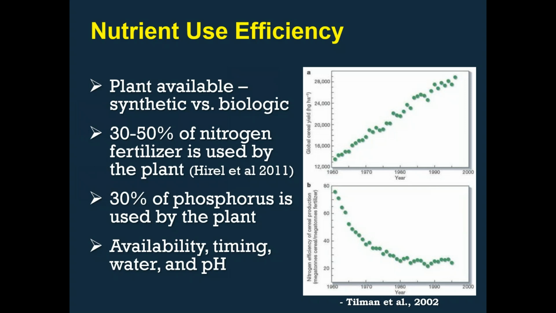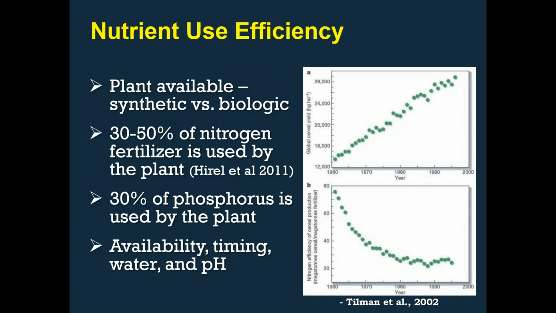The rest of it is either lost or locked up in the system. Some of that may be available for subsequent crops, but for the most part, you're not utilizing between 50 to 70% of the nitrogen that you're adding. For phosphorus, it's also about 30% use efficiency.